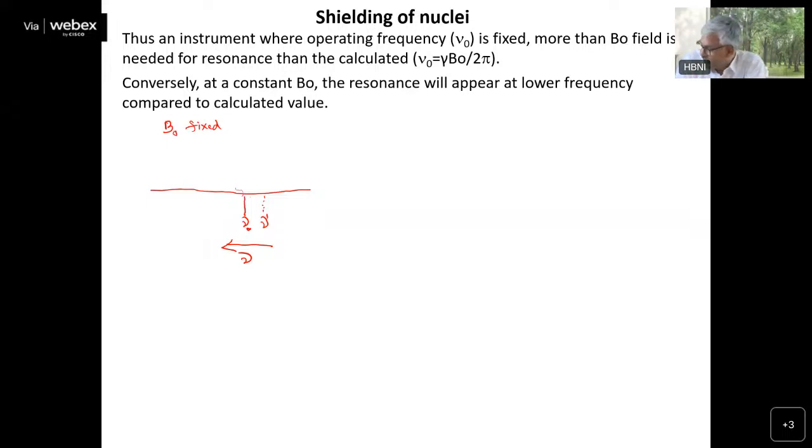Now the other situation is that nu zero is fixed. If there is no screening, normally the frequency we show increasing from right to left, whereas the field we show increasing from left to right.